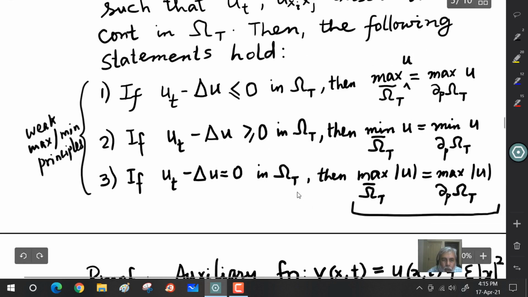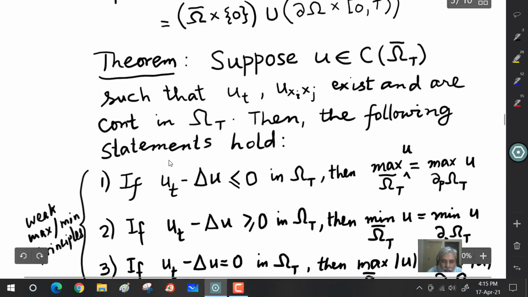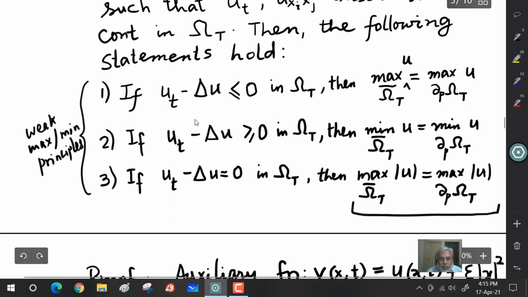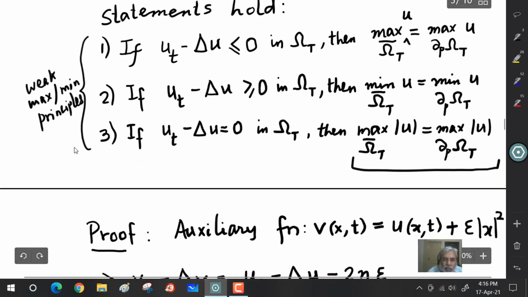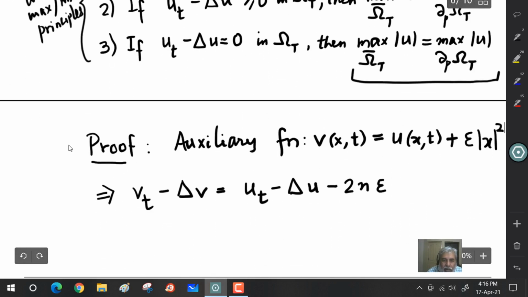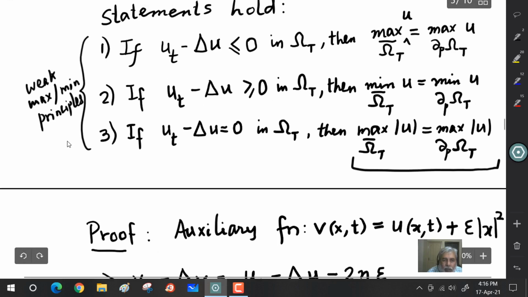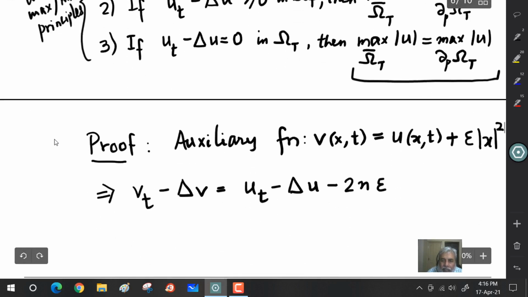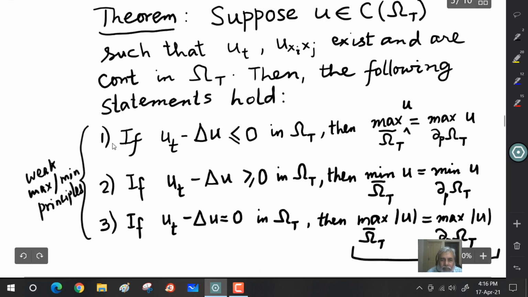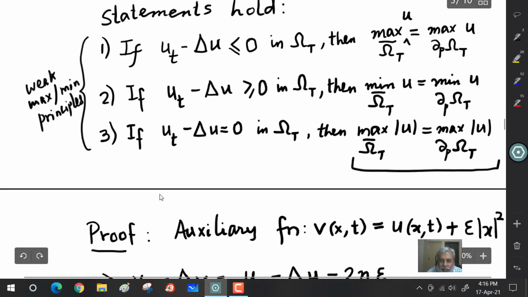Similar statements are true even for the heat equation, but these are more technically involved and involve construction of special solutions, so we will avoid this first part. And the proof of this theorem is very simple.